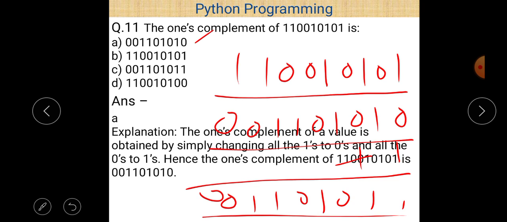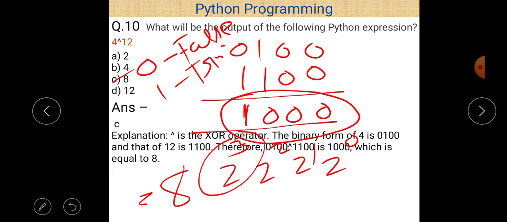In terms of high and low, 0 represents low and 1 represents high. In terms of on and off, 0 represents off and 1 represents on. So in previous question number 10, I just showed you the table of XOR in terms of true and false. So don't worry about that. Basically, true means 1 and false means 0. That is the binary equivalent, and we have to only concern ourselves about the binary representation because we just learned about bitwise operators here.